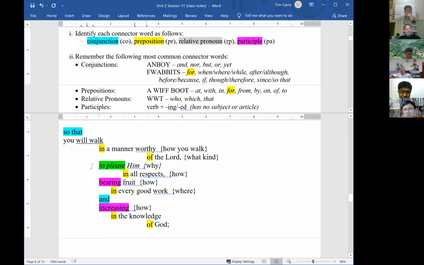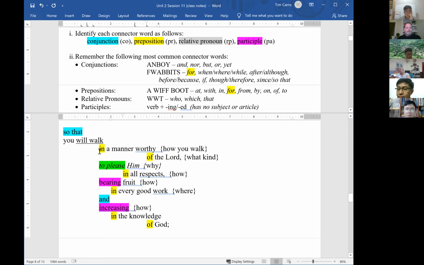Okay? And then you have these additional phrases that modify a little further. But notice, we break it at each of the connector words. They separate the phrases and clauses that we will then come back and figure out, what is that word modifying? And this is where we're going to spend the next couple of sessions in Unit 3. We'll go through how I did that in more detail.